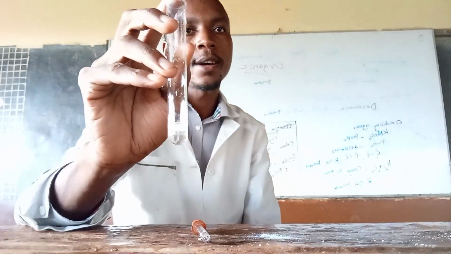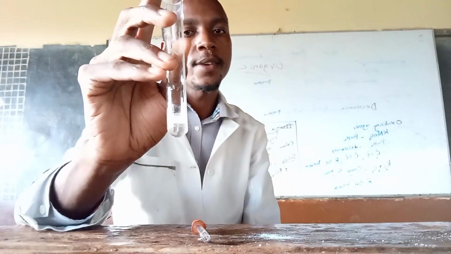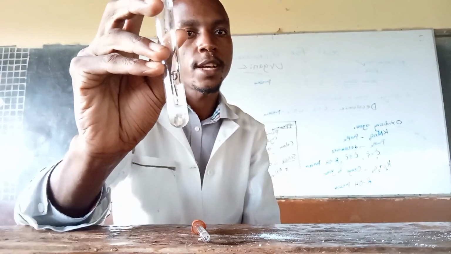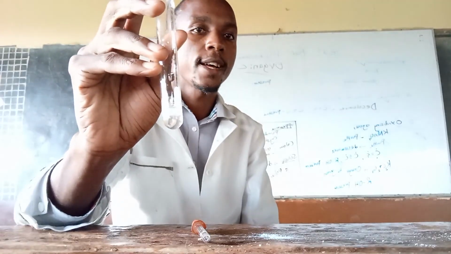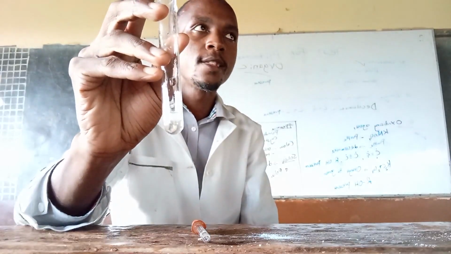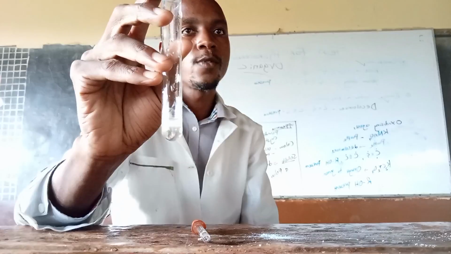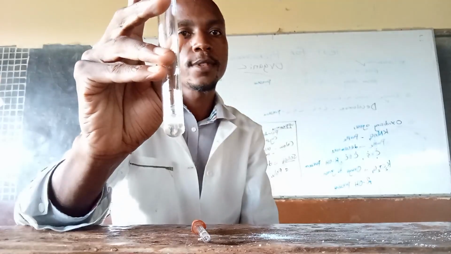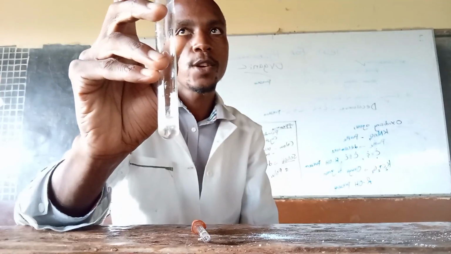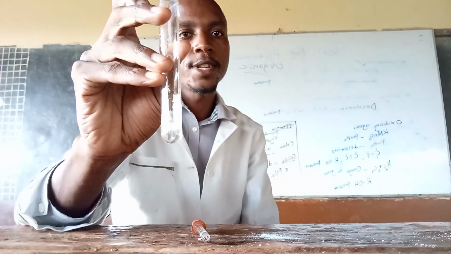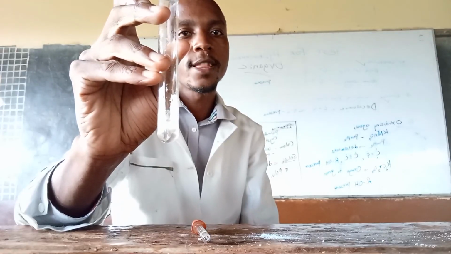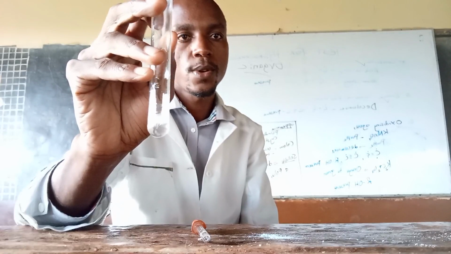But we have ruled out copper ions because the solution was colorless. These are colored ions, and this solution is colorless. So we have ruled out copper ions, which is blue, iron 2 ions, which is green, and iron 3 ions, which is brown.